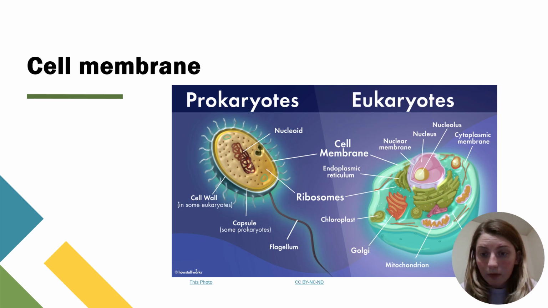The eukaryotes have cytoplasmic membrane, nucleolus, nucleus, nuclear membrane, cell membrane, endoplasmic reticulum, ribosomes, chloroplast, Golgi apparatus, mitochondrion, and it has something else, but I can't exactly see what it says.